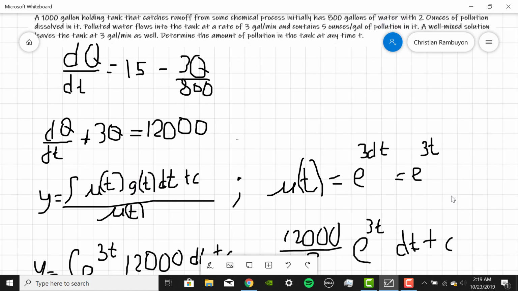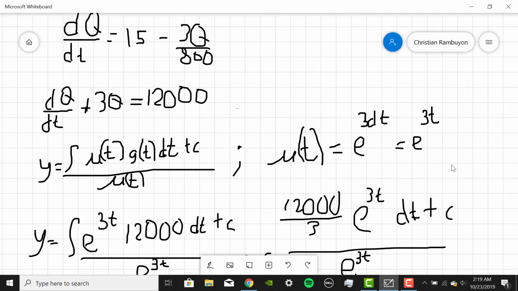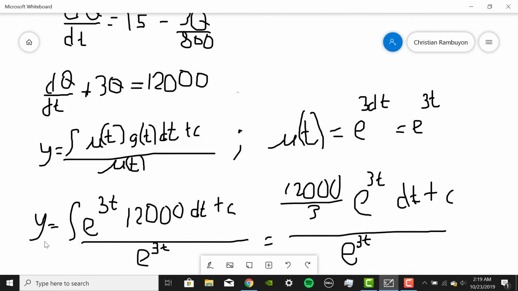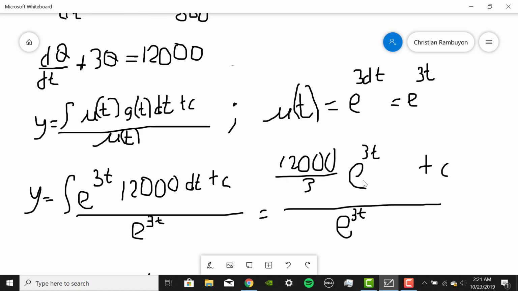Now, the mu of t is e raised to 3t, and the g of t is 12,000 dt plus c. Since the integral of e raised to 3t becomes 1/3 e raised to 3t, we can multiply the 12,000 by the 1/3, which makes it 4,000 e raised to 3t plus c over e raised to 3t.